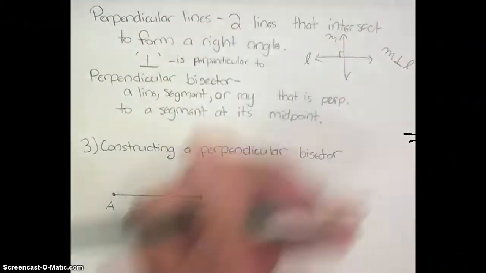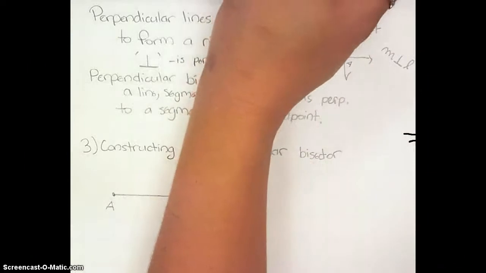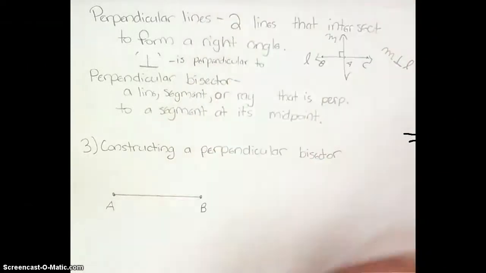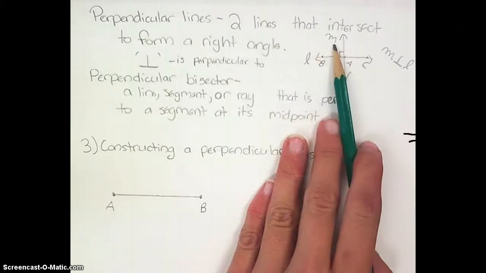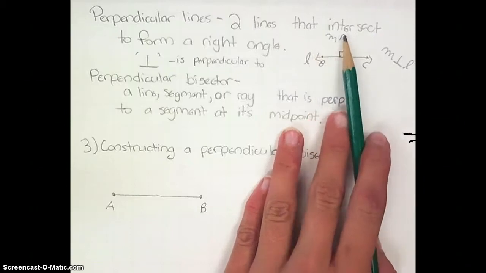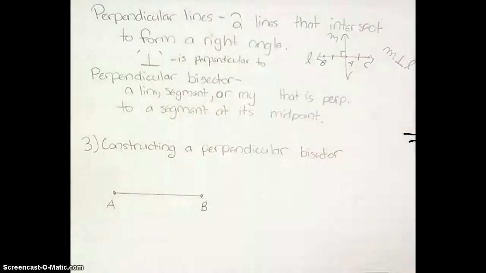Okay, so if we labeled this point A, and then we call this one B, this one C. If A is a midpoint, then M is a perpendicular bisector. It is perpendicular to line L, and it bisects line L.